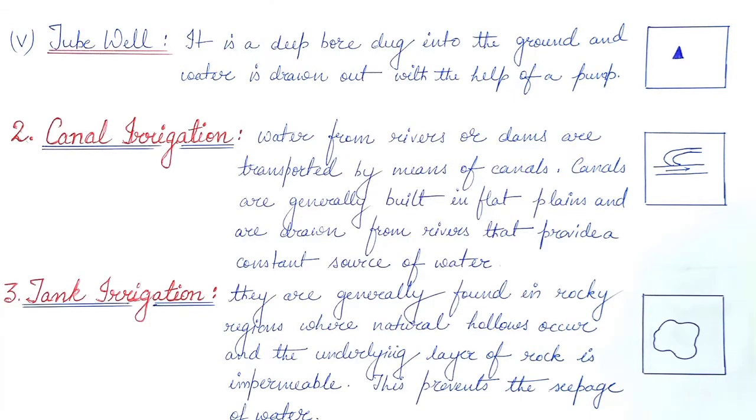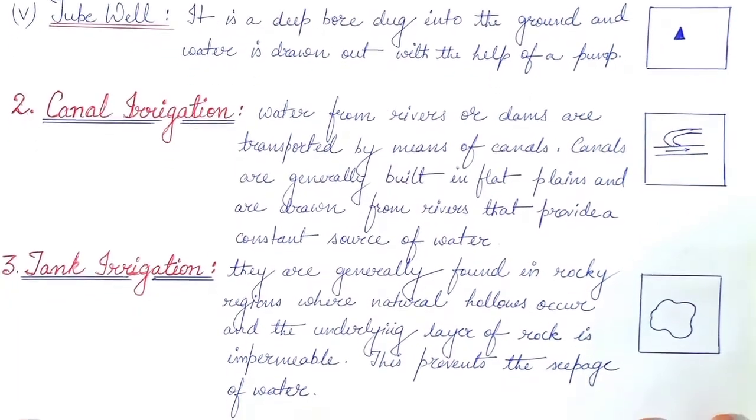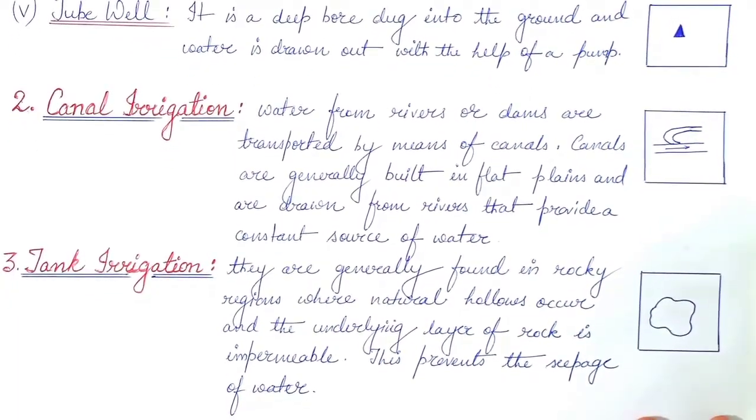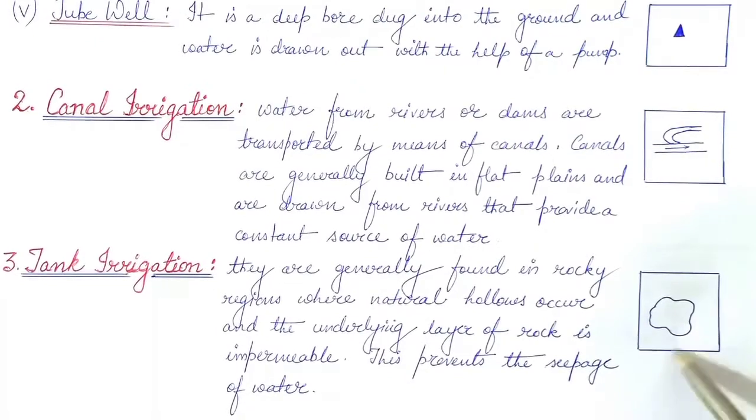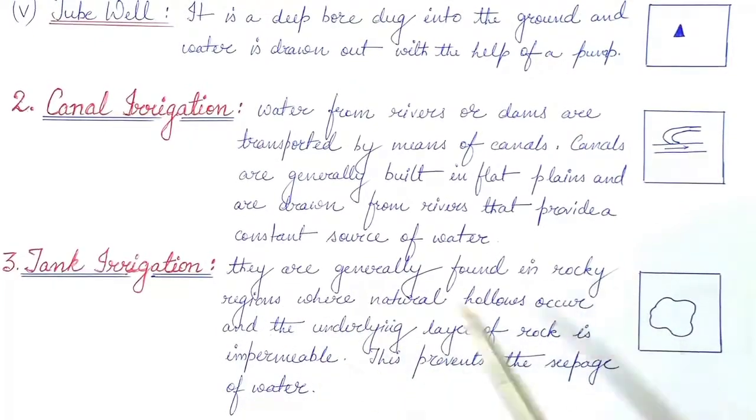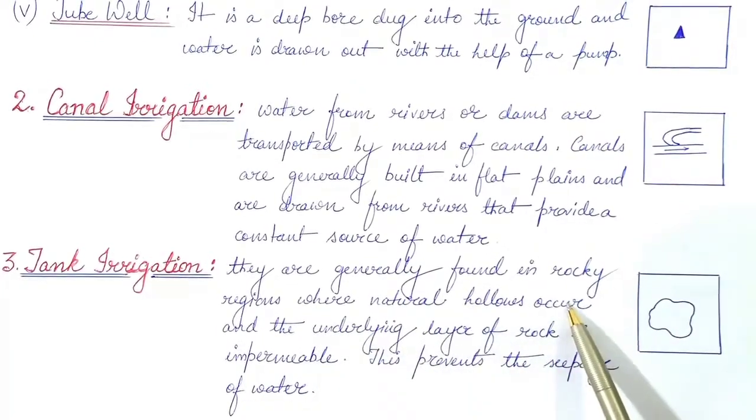Now next is tank irrigation. This is another means of irrigation which is practiced in India and is shown like this. This is a structure. So what is a tank? A tank is generally found in rocky regions where natural hollows are formed.